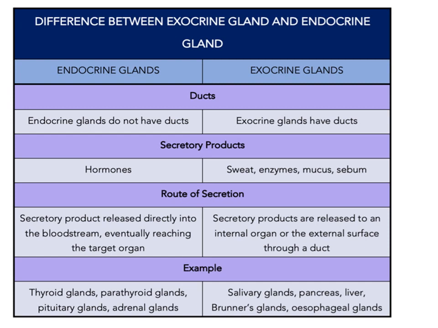Fine. Then a few examples are given for each. Endocrine glands, of course, several examples we can say: thyroid gland, parathyroid gland, pituitary gland, adrenal gland, etc. Then exocrine glands, a few examples given here: salivary glands, pancreas, liver, Brunner's gland, esophageal gland. So these are a few examples of exocrine glands.